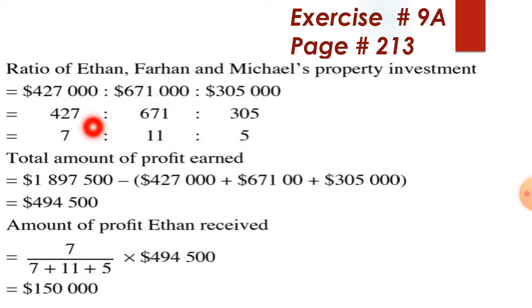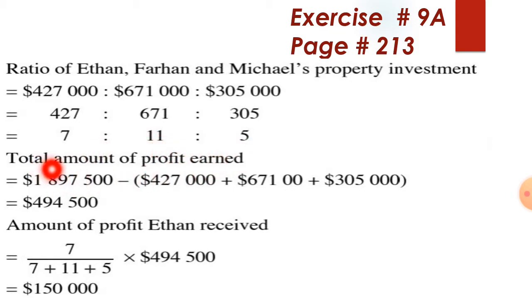You can simplify it with any table that is easy for you. But the simple way to get the correct answer is to divide 427 by 61. You will get 7 directly. You can also start with the table of 3 as well, or use a simple calculator, and after that you will get the ratio 7, 11 and 5.